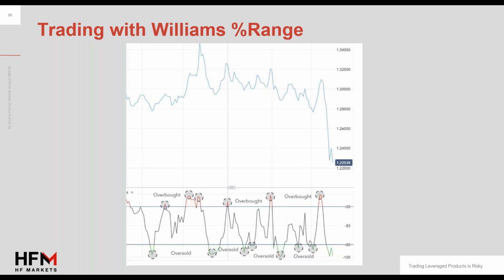You see, it was oversold and it rebounded. Or it involves selling an asset once the indicator reverses from the overbought condition and crosses below minus 20. So this is an optimal selling entry, and this is an optimal buying entry.